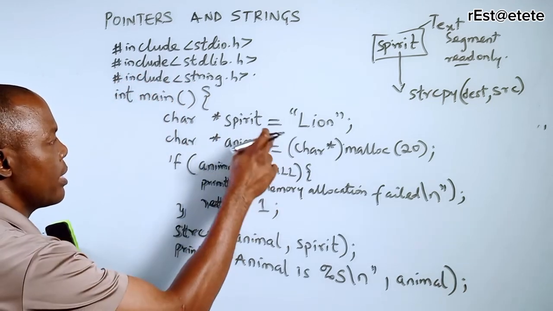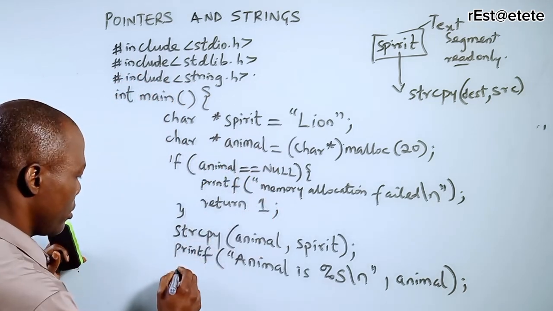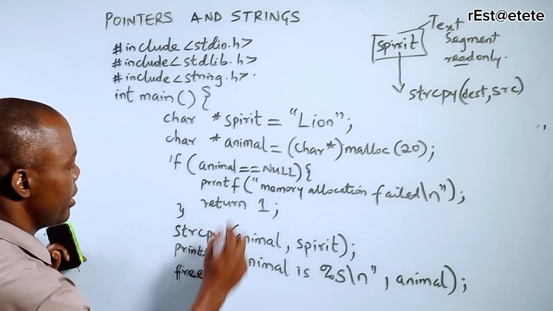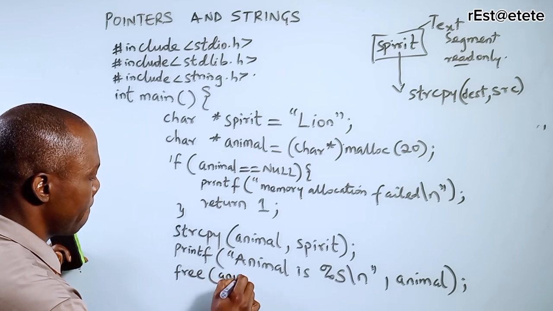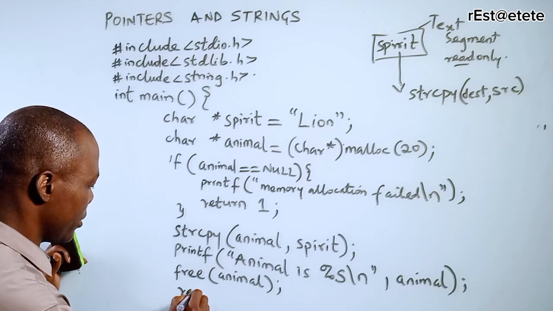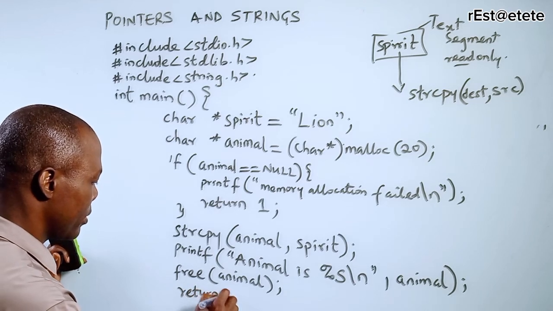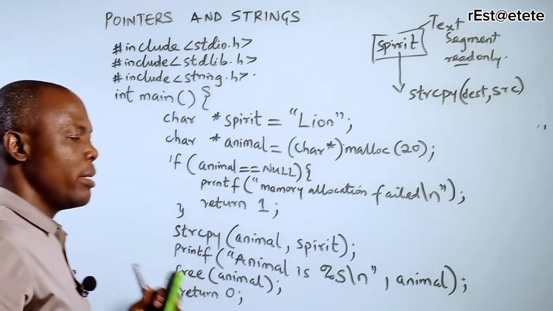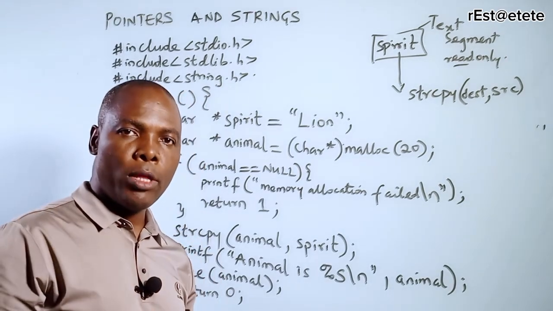So since I use malloc, I can call my free function, free animal, when it is no longer needed, return 0. Then close this. So meaning every animal belongs to God.